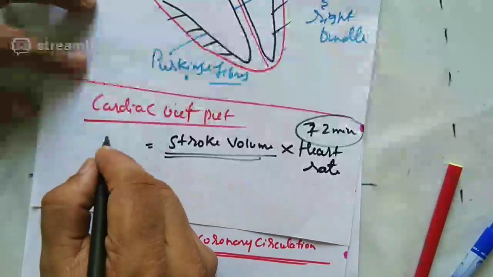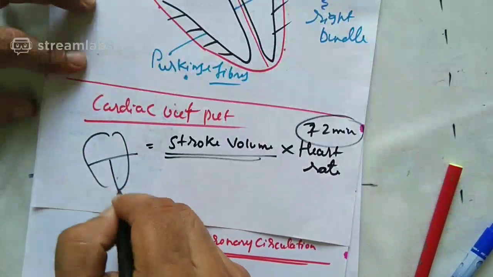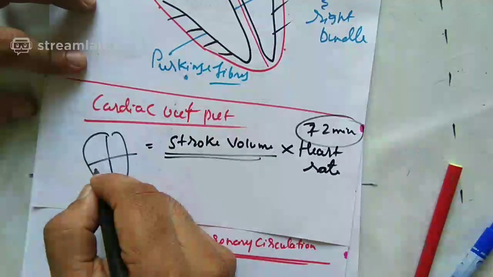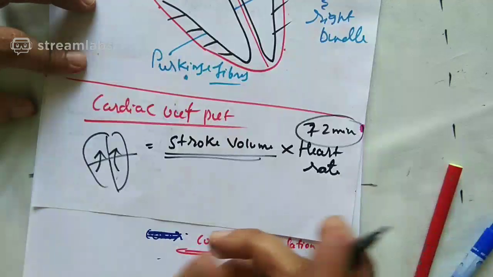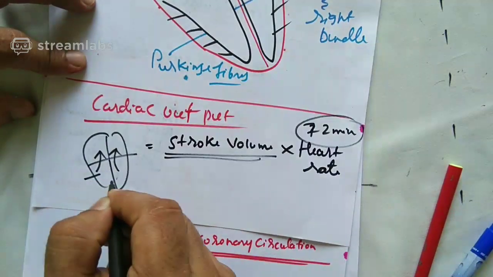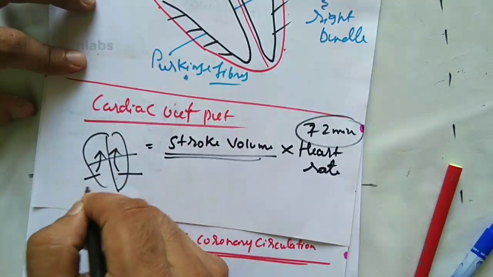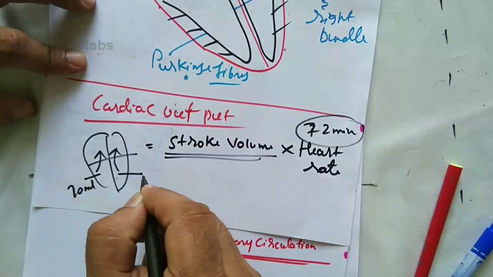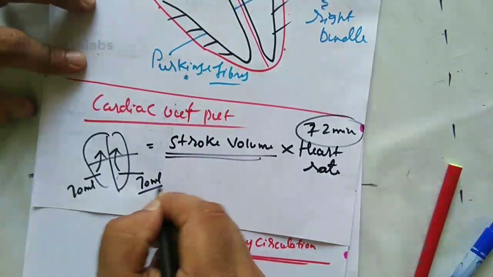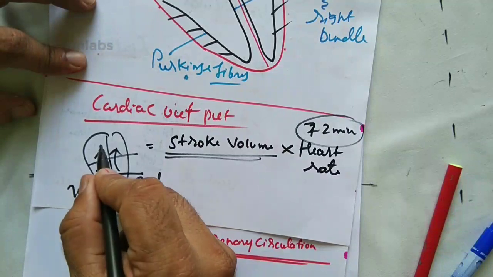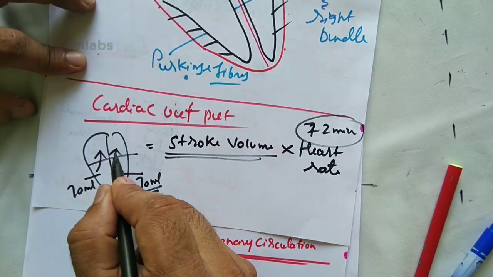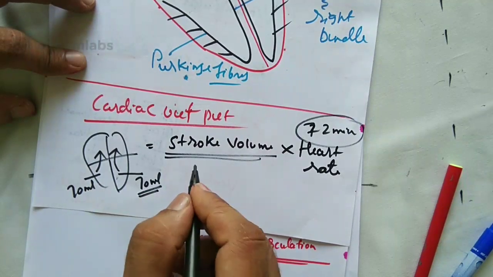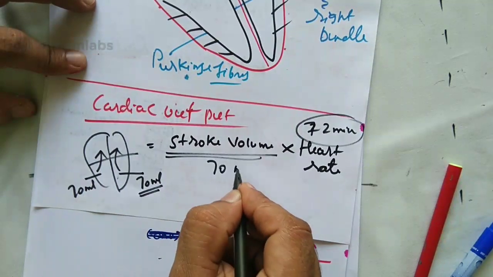The amount of blood pumped by each ventricle is called stroke volume. See, from each ventricle, how much? 70 ml. From here how much? 70 ml. Clear? So 70 ml is given per heartbeat. So 70 ml is going to be the stroke volume.